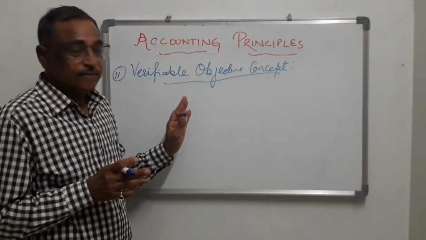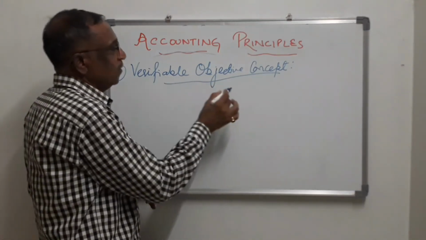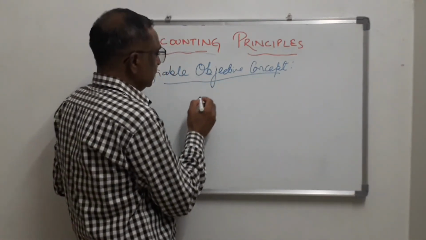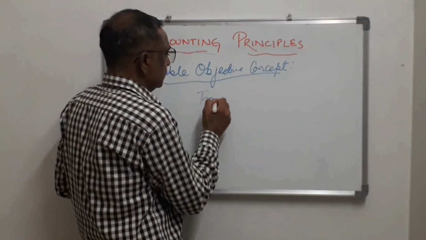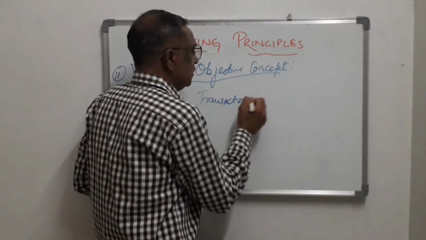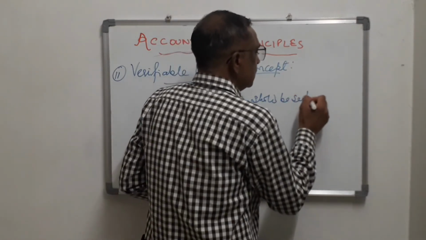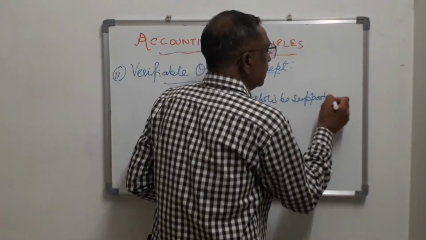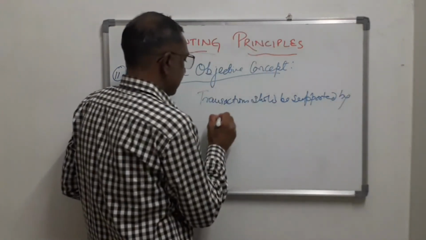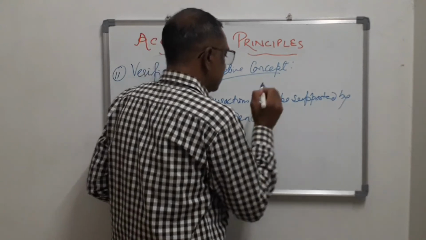Clear? So we can sum up. Verifiable objective concept says transactions should be supported by evidence. Clear?